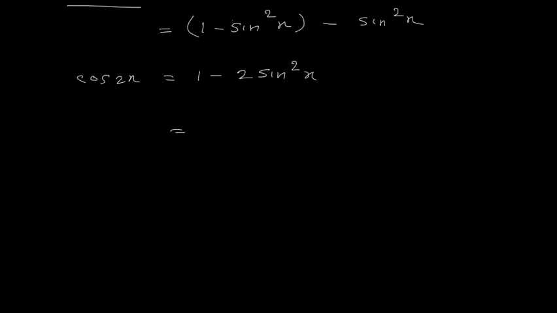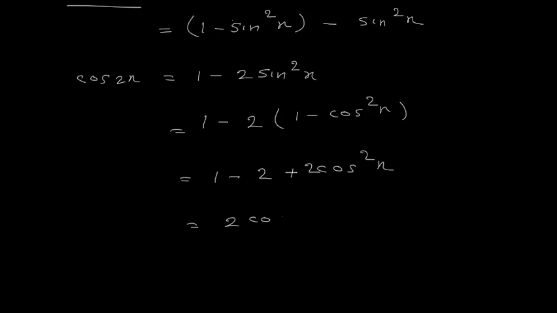Now this 2 sin square x, here again if I replace this sin square x with 1 minus cos square x, what I will get? I will get 1 minus 2 plus 2 cos square x. This is a positive term, so I will write it first. 1 minus 2 is minus 1.